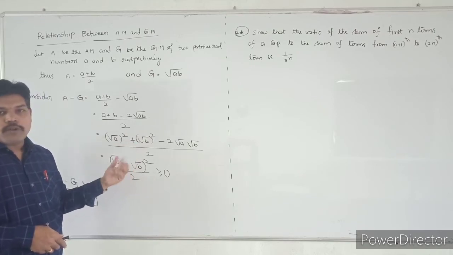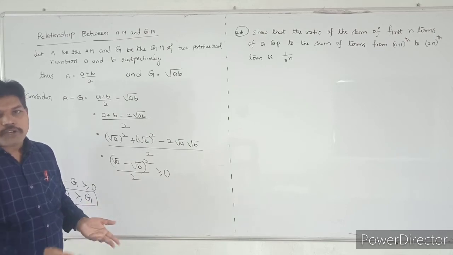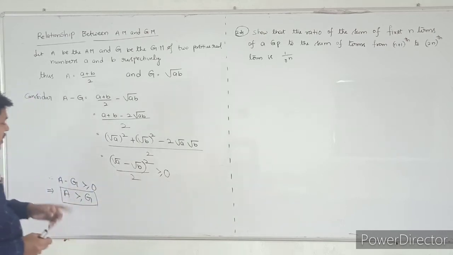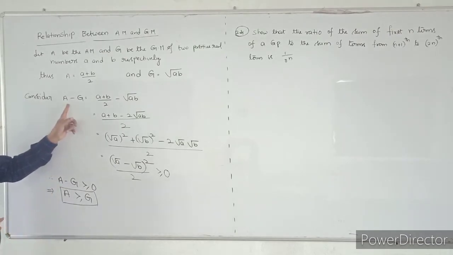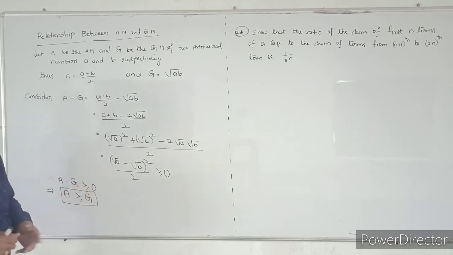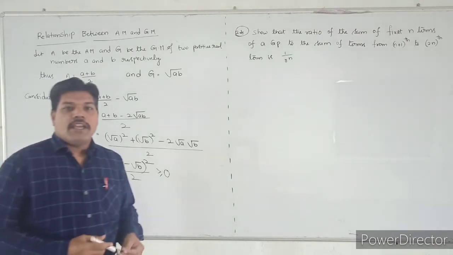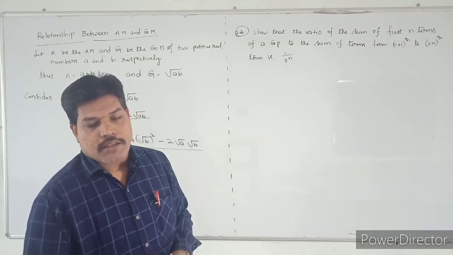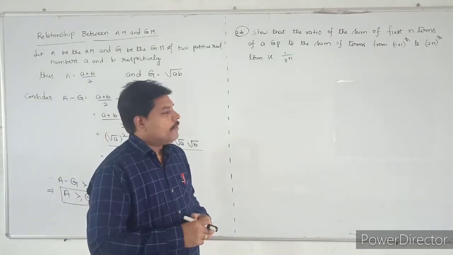(Root a minus root b) whole square is a positive value, by 2 is also positive, automatically it will be greater than or equal to 0. Therefore arithmetic mean minus geometric mean is greater than or equal to 0. Take this 0 to the other side: A is greater than or equal to G, meaning arithmetic mean is greater than or equal to geometric mean. That is the relation between arithmetic mean and geometric mean.